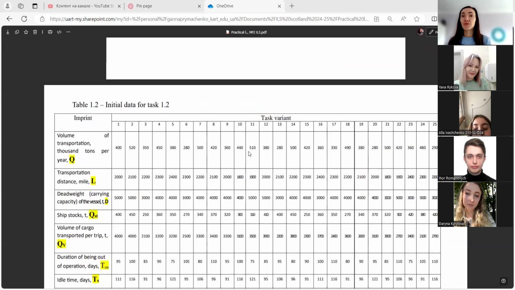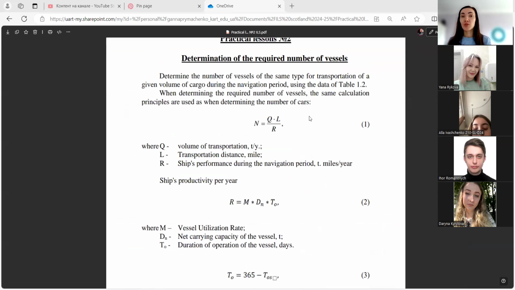Yes, and then the last parameter in the denominator. In the denominator, we can see such parameter as R. It is ship's performance during the navigation period, ton-miles per year. So we can find it as a result of our formula number 2.